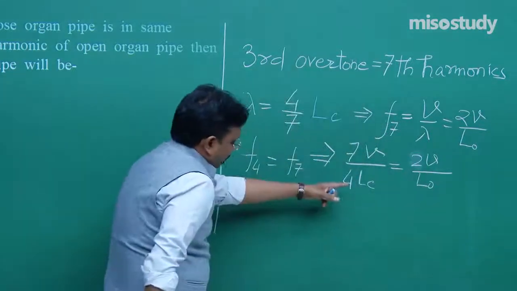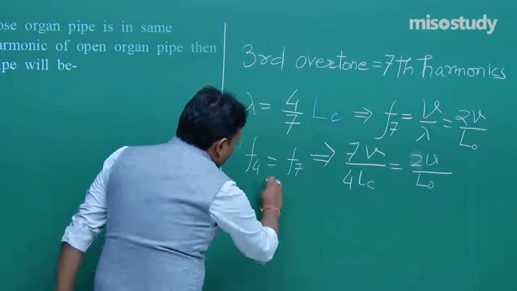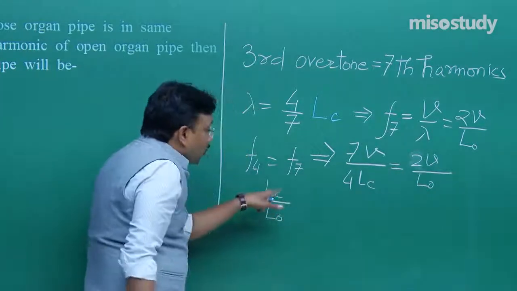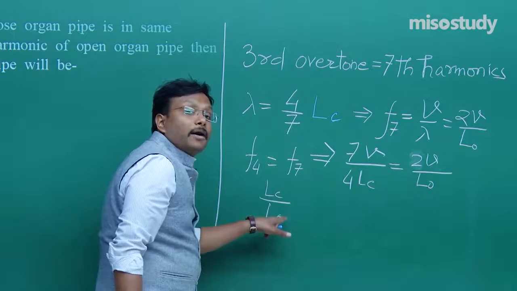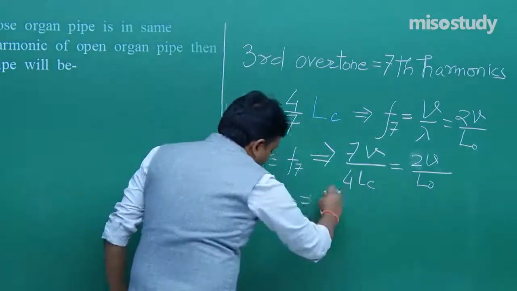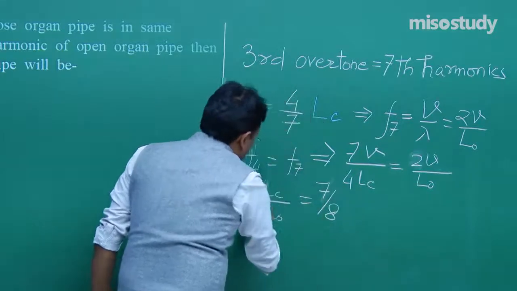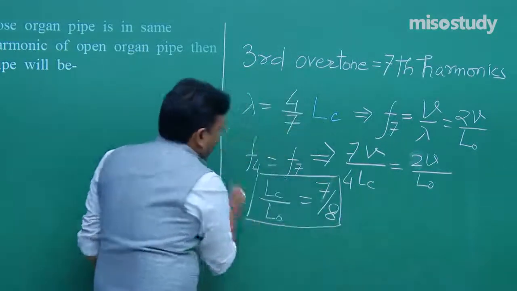So now after replacing the value, L_C upon L naught. Basically it is a closed organ pipe, and that is an open organ pipe. So once you solve it, you will get 7 by 8.